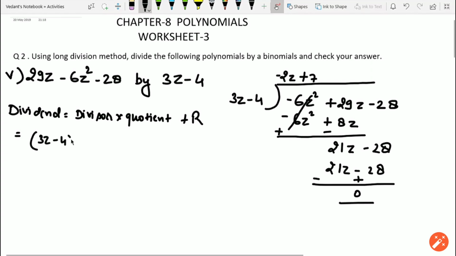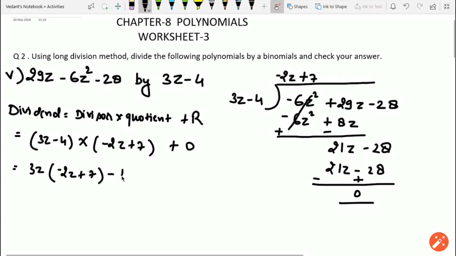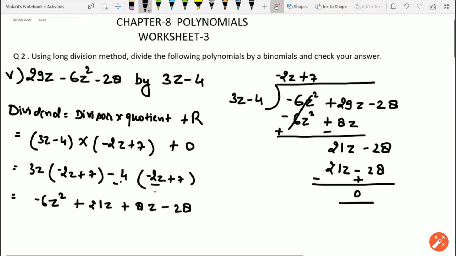First of all, we write divisor into quotient: minus 2z plus 7, and plus remainder 0, is equal to 3z into minus 2z plus 7, minus 4 into minus 2z plus 7, is equal to minus 6z square plus 21z, plus 8z, minus 28.